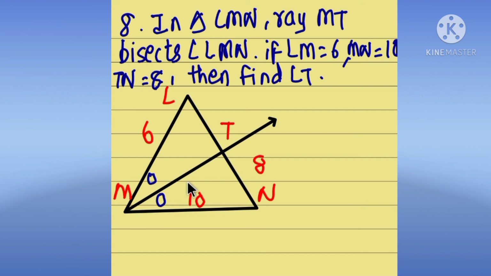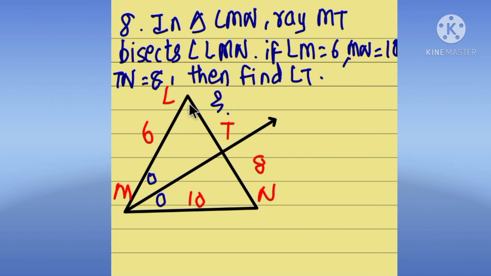Here it shows that ray MT is a bisector of angle LMN, and if LM measures 6, MN measures 10, TN measures 8, then find LT. LT equal to how much? We have to find it.